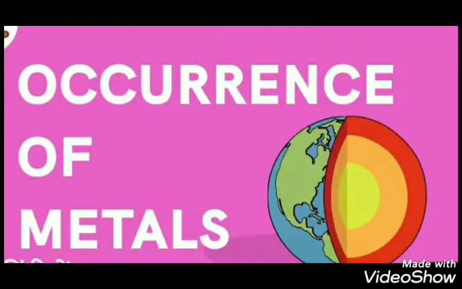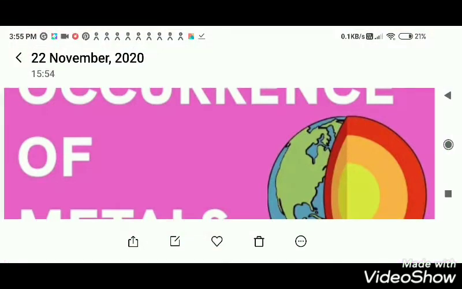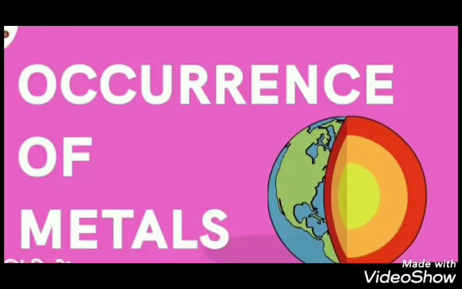Children, till now we studied about the metals and their reactions. And now, where do we get metals? The Earth's crust is the major source of metals. You can see from the Earth's crust we extract metals. Seawater also contains some soluble salts such as sodium chloride, magnesium chloride, etc. Isn't it?